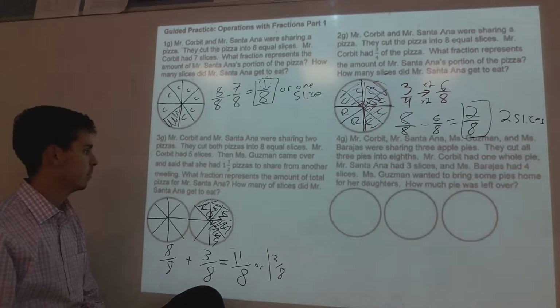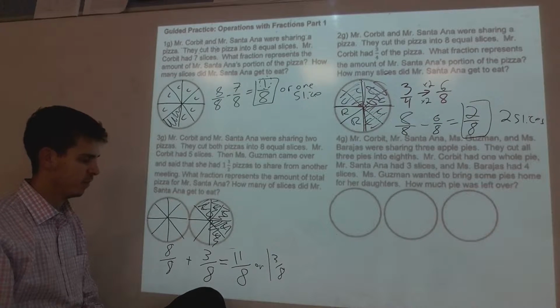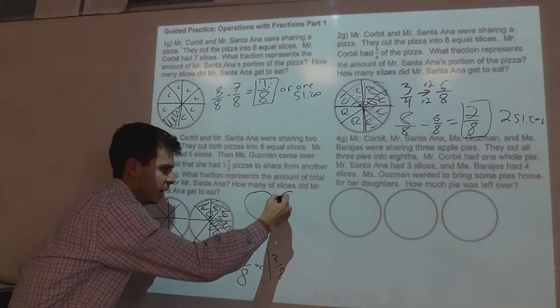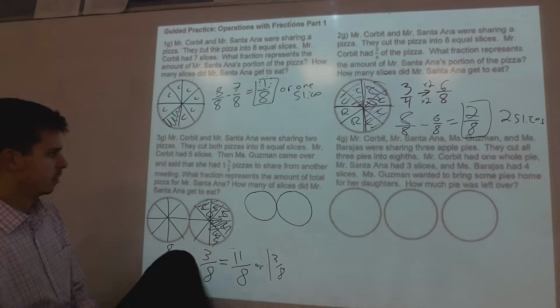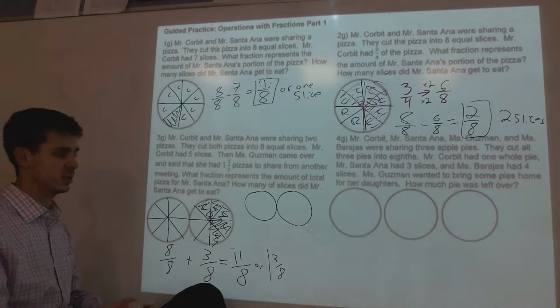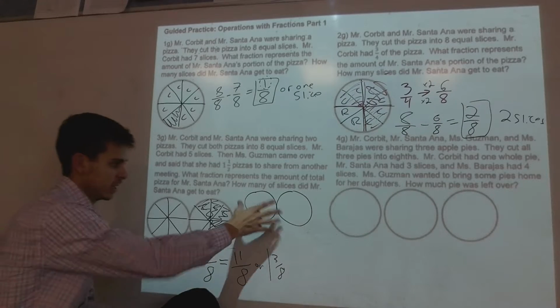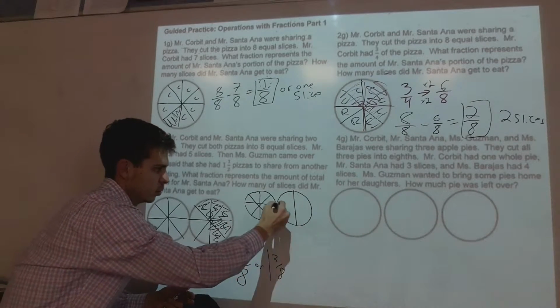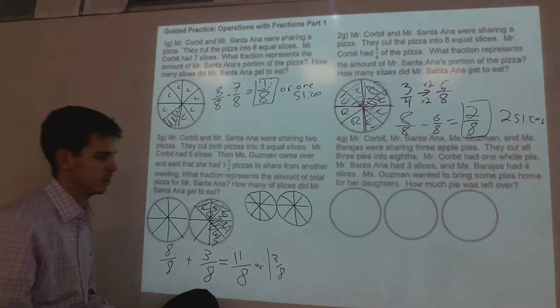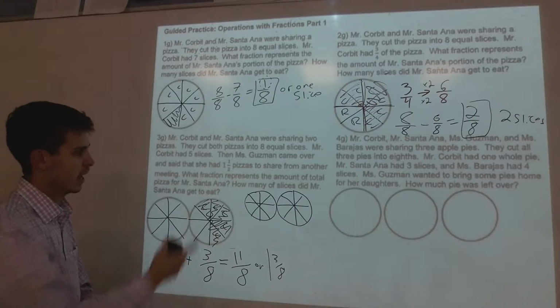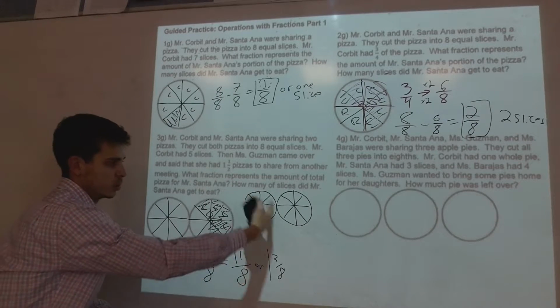Now Miss Guzman came over and said that she had 1 1/2 pizzas. So I'm actually going to draw a pizza here and then another pizza here. What fraction represents the total amount of pizza for Mr. Santa Anna? So what I'm saying is that these pizzas that Miss Guzman brought are also going to be for Mr. Santa Anna. Now, she brought 1 1/2, so here's 1.